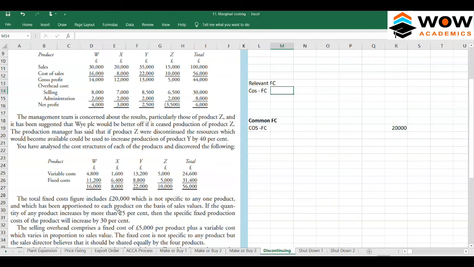So we have to find that out. I think we have to create a working note for that. The working note should have the cost of sales and the fixed cost. So we have again W, X, Y, Z.